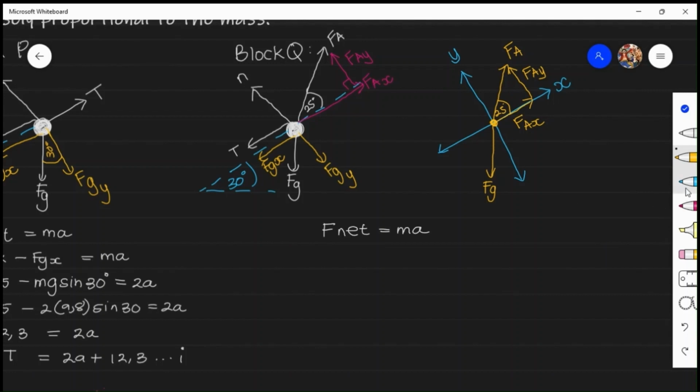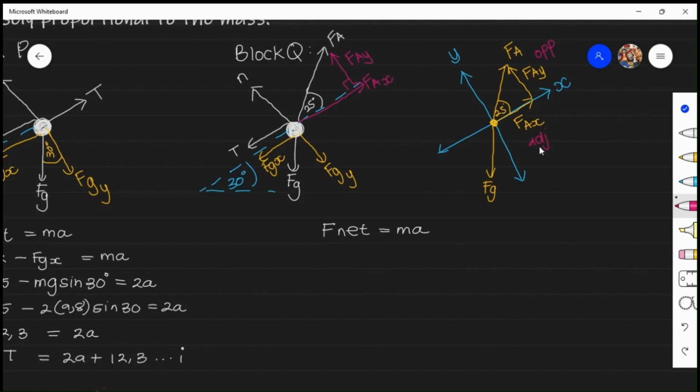So as you can see, FAX is in the adjacent position to the 25-degree angle. And our FAY is in the opposite position, or instead of thinking about positions, you can think of sides. So FAX is the adjacent side of our triangle, whereas FAY is the opposite side of our triangle.